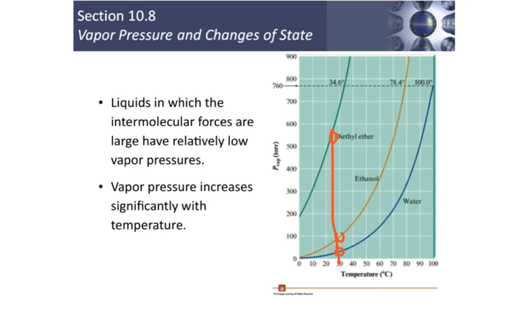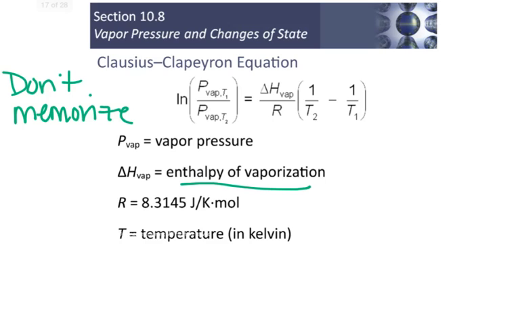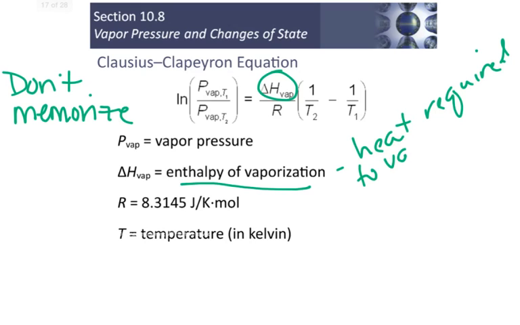All right, so moving on, introducing the Clausius-Clapeyron equation. You do not need to memorize this. All right, but this will allow us to determine the enthalpy of vaporization, which is delta H vap. So this is the heat required to vaporize or boil a substance.